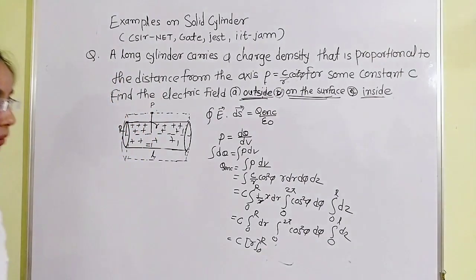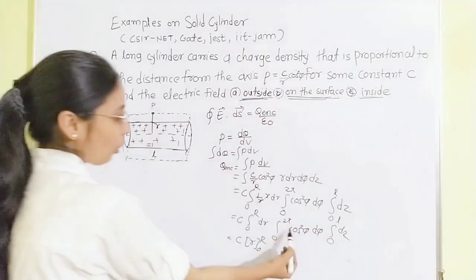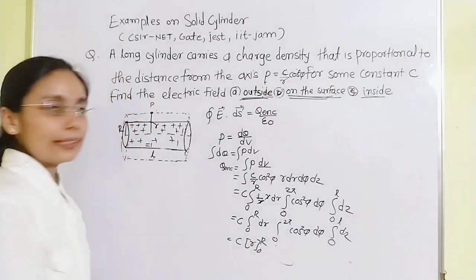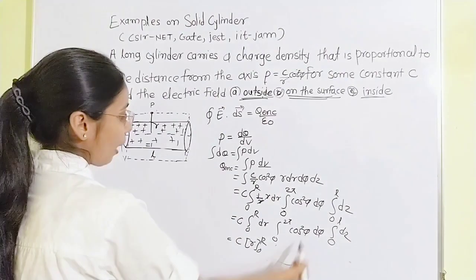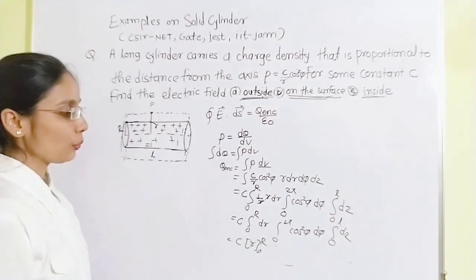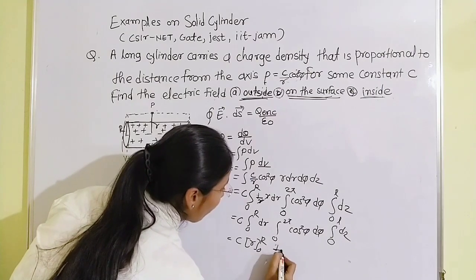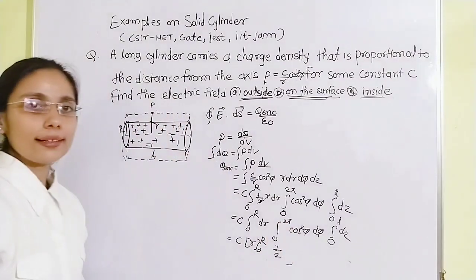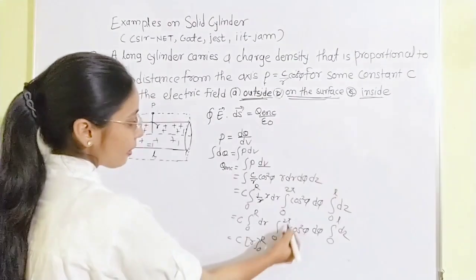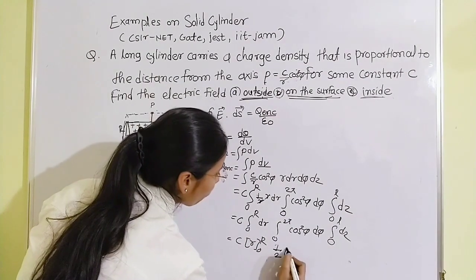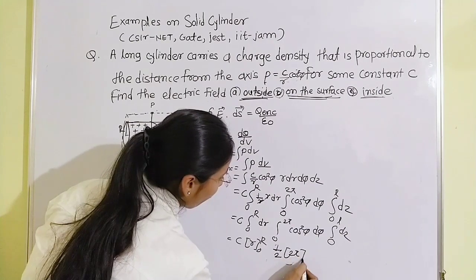In this case, when a full or half limit is present with sin square theta or cos square theta, we use a simple trick: 1 by 2 into the limit of this integration, that is 1 by 2 into 2 pi.